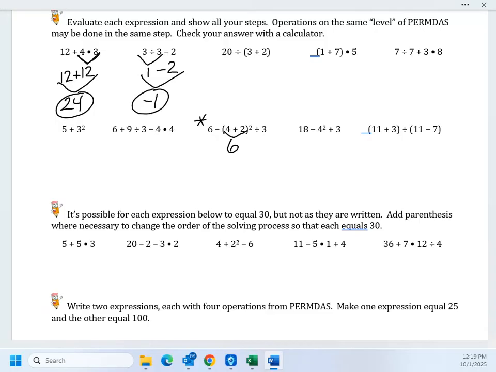I'm going to keep rewriting my expression until I narrow it down to the answer. So I'm going to bring down 6 minus, I've got a square, divided by, and a 3. What do I do next? Colton. Do 6 squared, because that's my exponent.